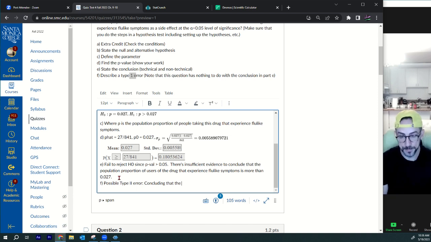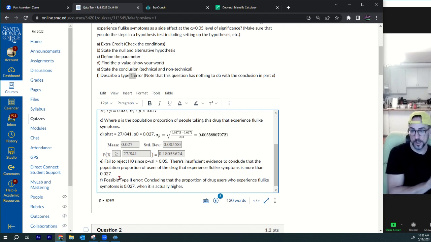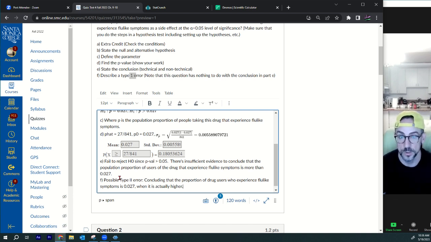Concluding that, okay, the proportion of drug users who experience flu-like symptoms is 0.027 when it is actually higher. Because we're accepting a false null. The null hypothesis is false. If it's false, that means it should be higher. The alternative says that it's higher. So it's actually higher but we're concluding that it's only 0.027.